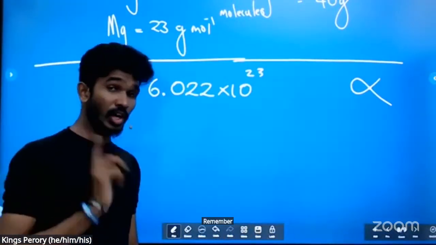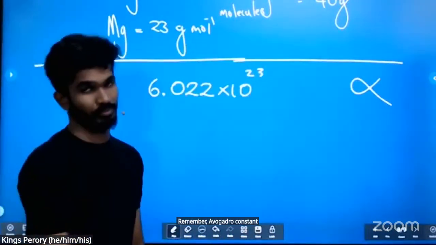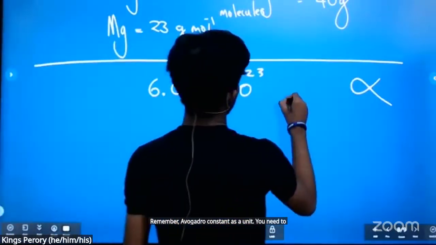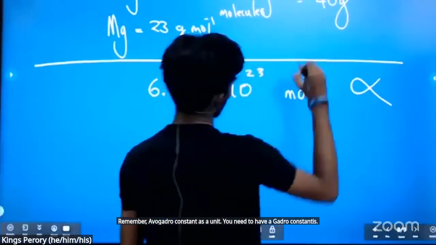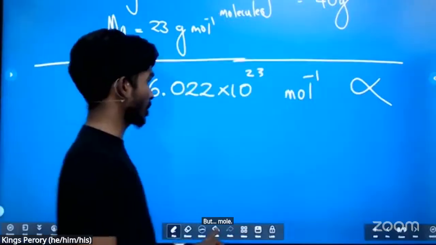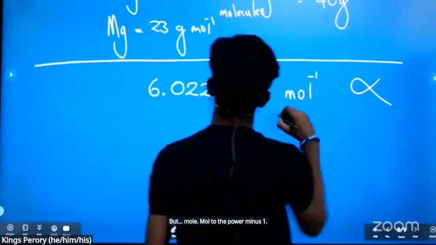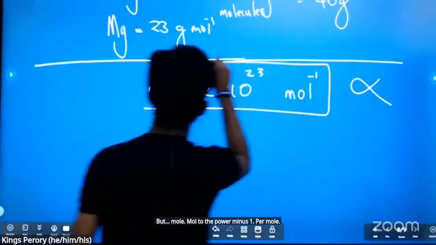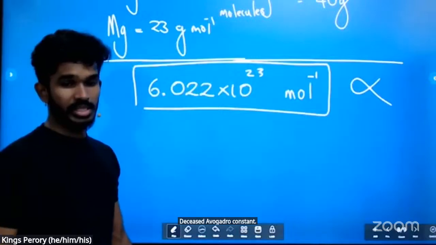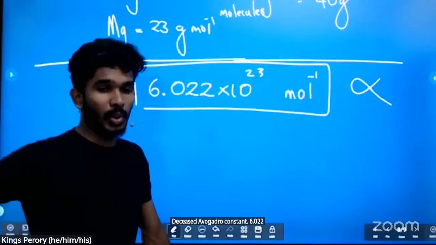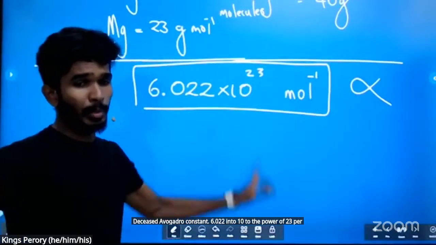Remember, the Avogadro constant has a unit. The unit for the Avogadro constant is per mole, mol to the power minus 1. And this is the Avogadro constant: 6.022 into 10 to the power 23 per mole. What do you mean by per mole?